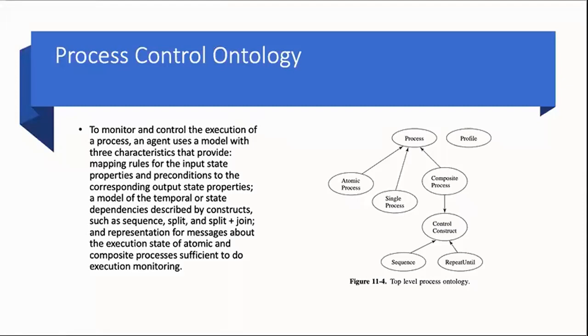A model of the temporal or state dependencies described by constructs such as sequence, split, and split plus join, and a representation for messages about the execution state of atomic and composite processes sufficient to do execution monitoring. This allows an agent to keep track of the status of executions, including successful, failed, and interrupted processes. Process control ontology is still an area under significant development.